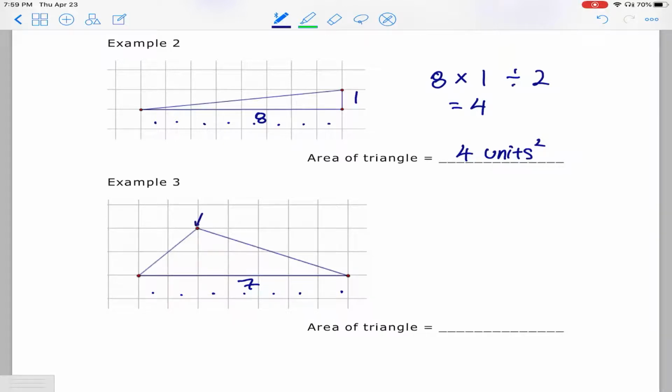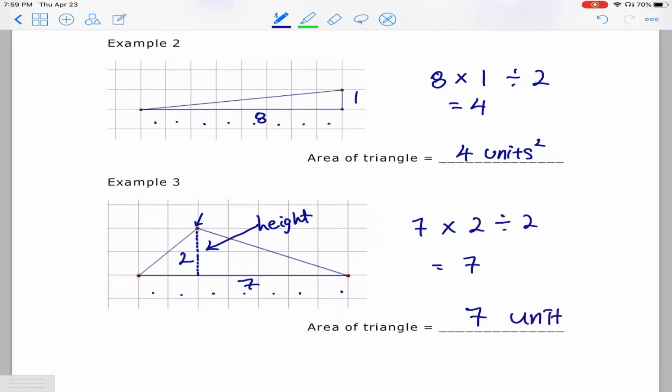So the highest point is this, and from the base, that's basically the height. So that's the height, and therefore the length of that is 2. So it will be 7 the base times the height, and then we divide that by 2. And that will give you 7. So the area of this triangle is then 7 units squared.